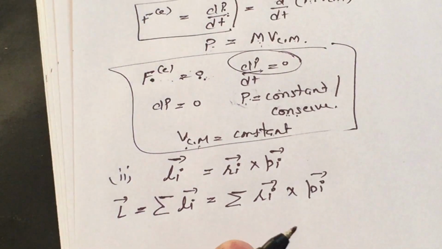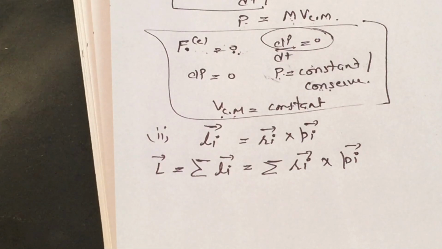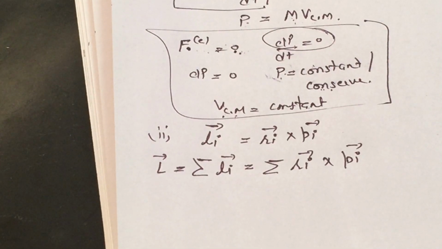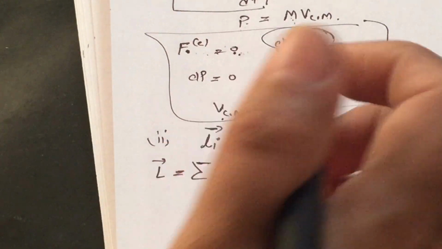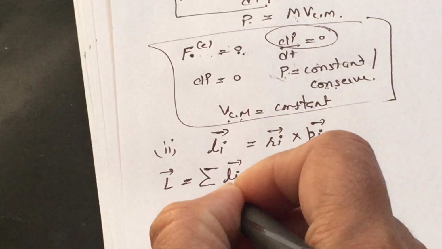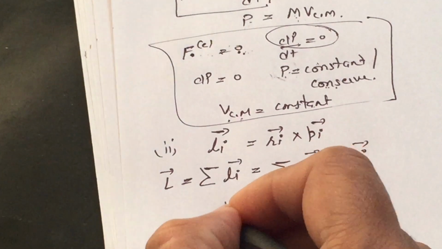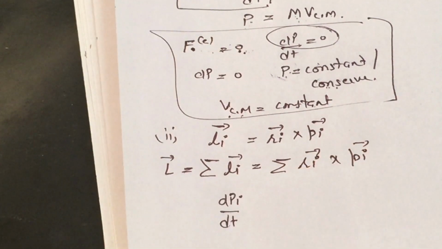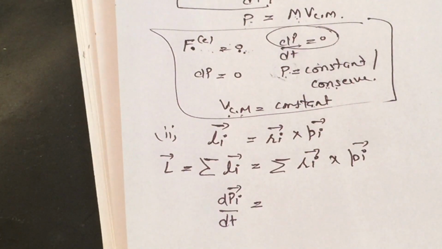Now from the relation between force and momentum, from Newton's second law of motion, we know that dpi by dt, the rate of change of momentum of the ith particle, is given by the total force on the ith particle.